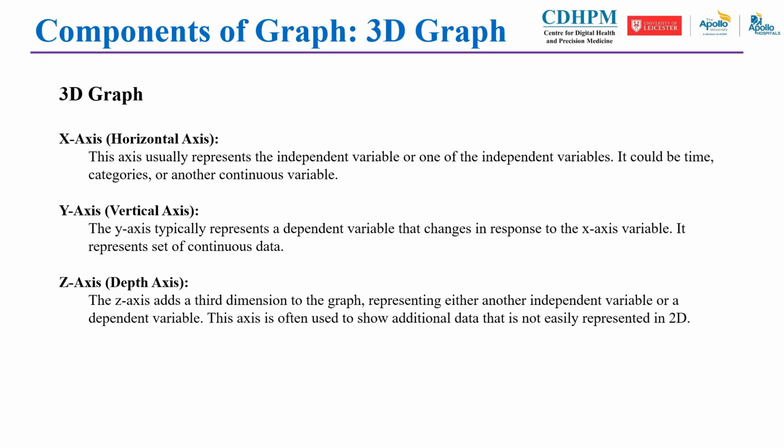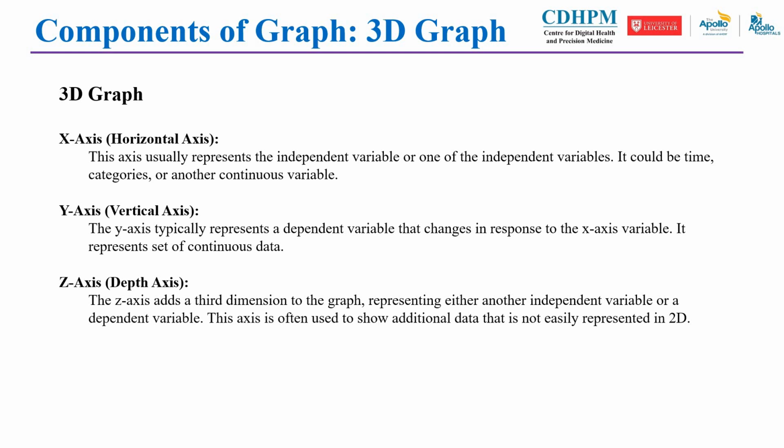You can compare the number of hours of sleep, productivity percentage and stress level. So stress level is a confounding variable which can affect both independent and dependent. That can be added in the z-axis, or another independent variable can be added in the z-axis, or another dependent variable can be added in the z-axis.